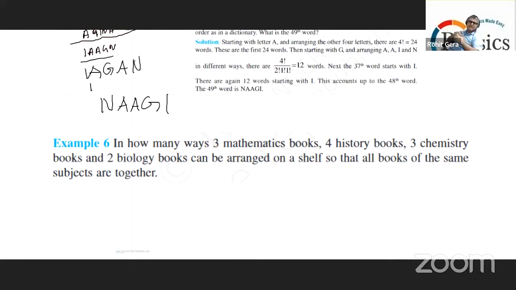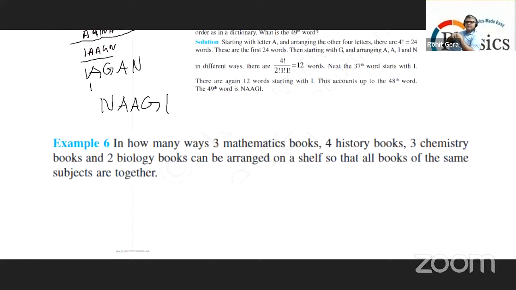Within one bundle, 3 maths books can be arranged in 3 factorial ways. History bundle, 4 factorial. Chemistry bundle, 3 factorial. Bio bundle, 2 factorial. So 4 factorial into 3 factorial into 4 factorial into 3 factorial into 2 factorial.